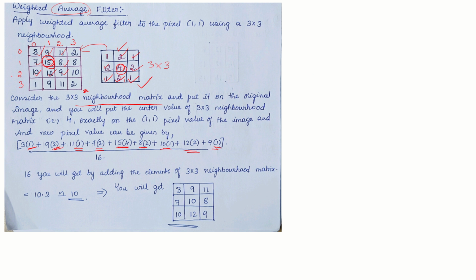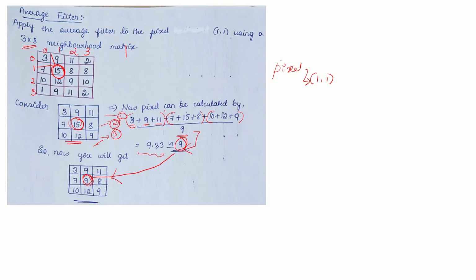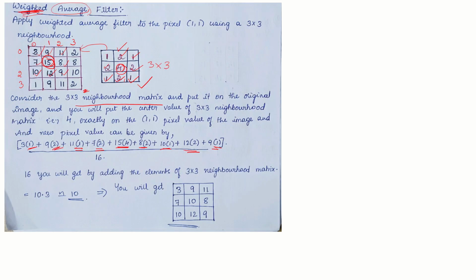Here there is one more term called weighted. What is this weighted? Here one small change is there. In the average filter you are dividing the sum by the number of elements, whereas in case of this weighted average, instead of dividing by the number of elements, we have to consider the sum of the elements of this 3 cross 3 neighborhood matrix.